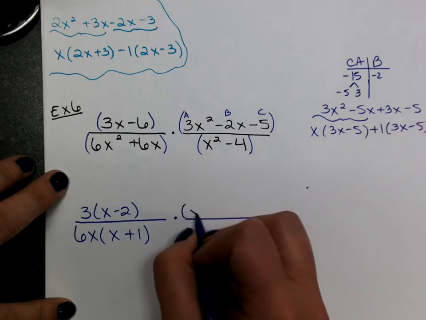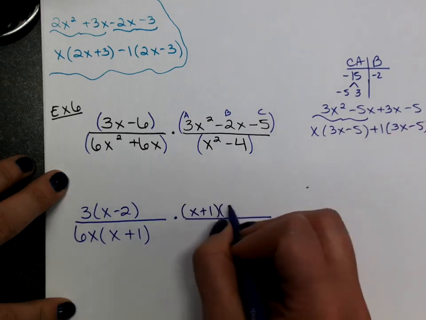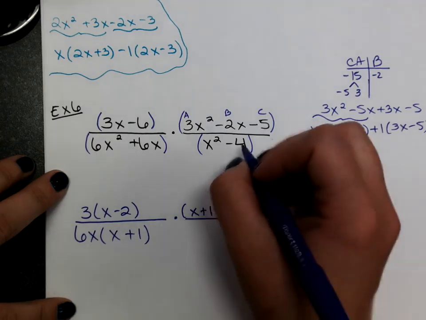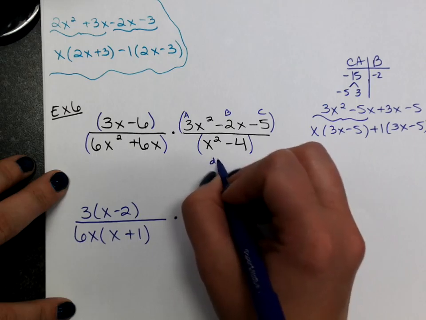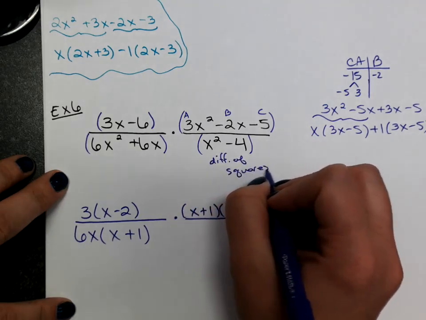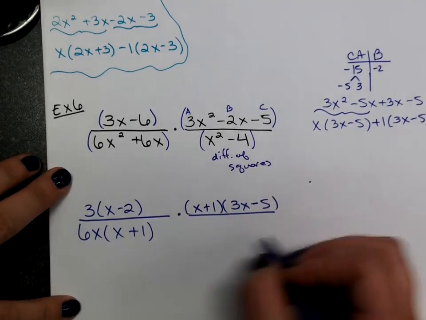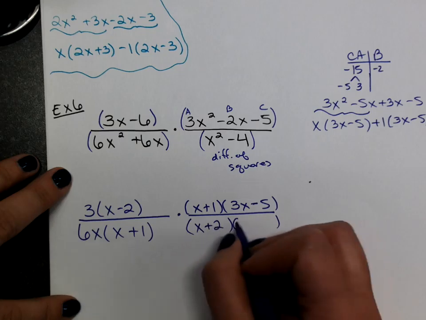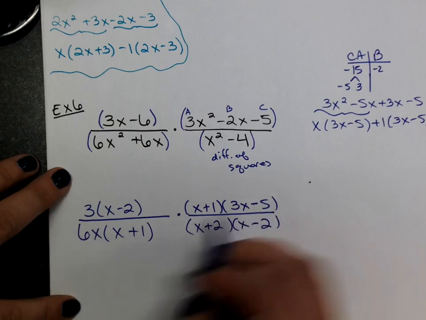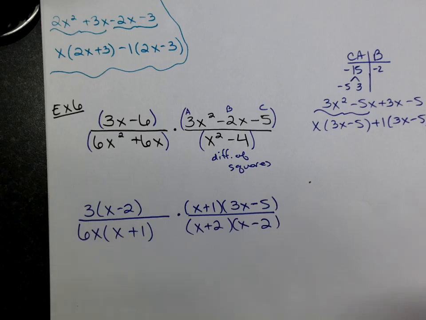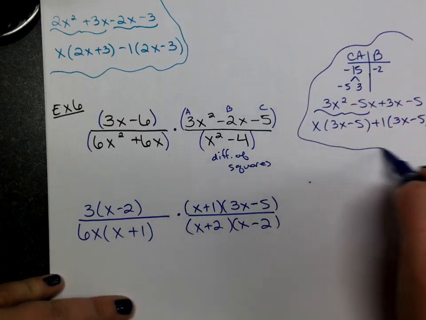You should get x plus 1 times 3x minus 5 on the top. The bottom is a difference of squares. Those are sneaky. Always look for those difference of squares, and it factors into x plus 2, x minus 2. So get everything GCF'd, everything factored out, whatever you can do. Show whatever side work you need to off to the side.